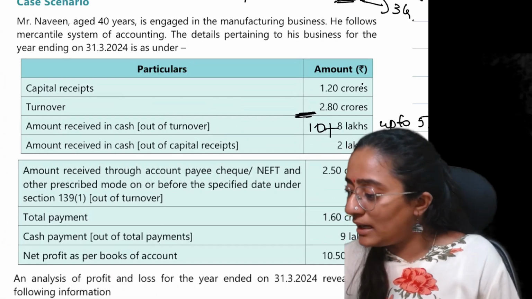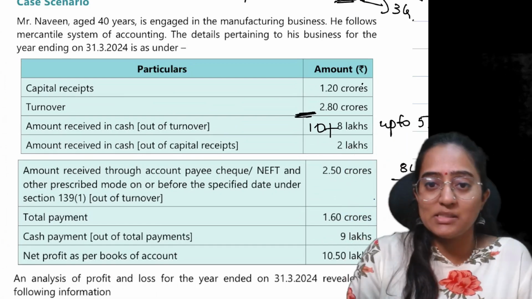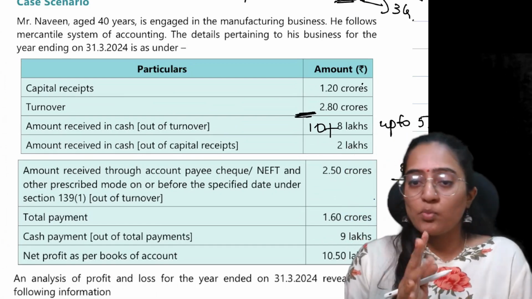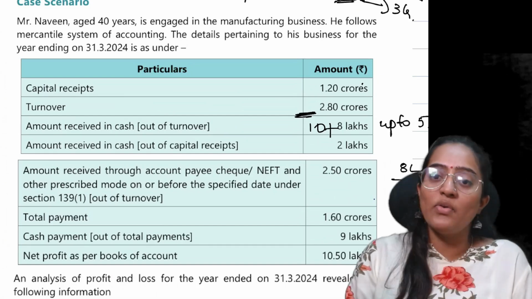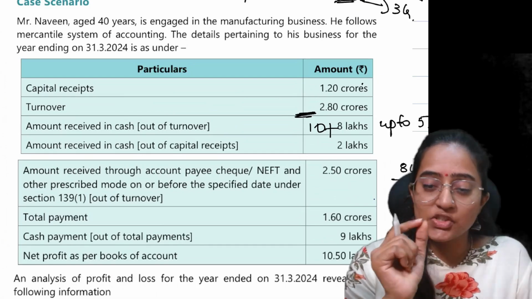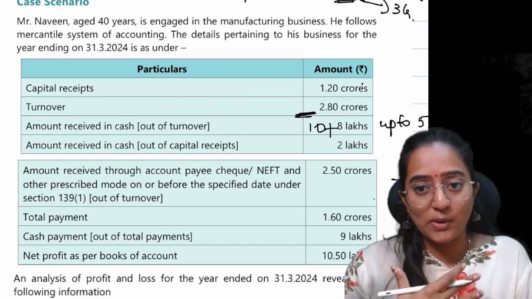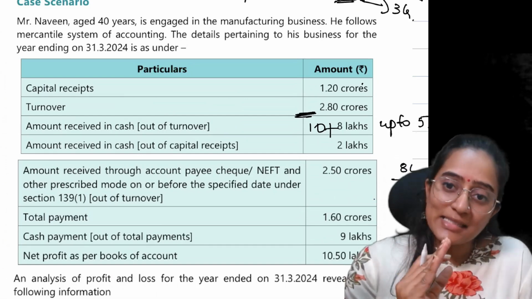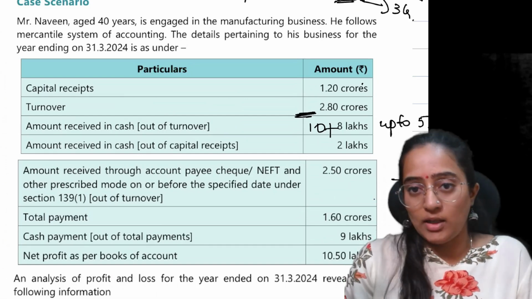Now do the math. 18 lakh divided by 2.8 crores. How much is the percentage? You will get 6.42%, which is in excess of 5%. The cash receipt which has been received by you is exceeding 5% of your turnover.